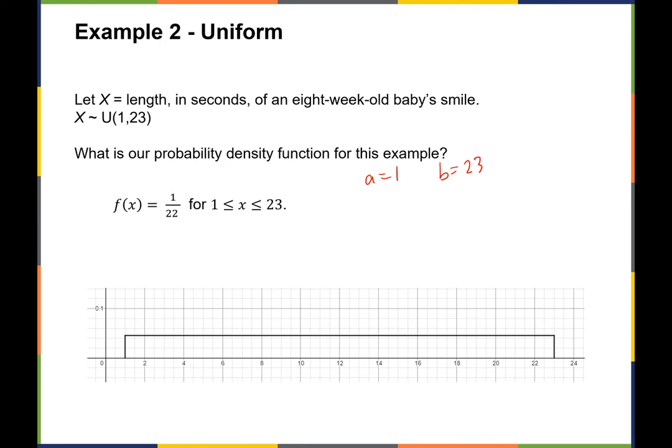If we graph that using a graphing calculator, I use Desmos here, we see that it starts at 1, it ends at 23, and the value here is going to be 1 over 22. I didn't label it as well as I should have, but that value is at 1 over 22. That means any time between 1 second and 23 seconds is equally likely.